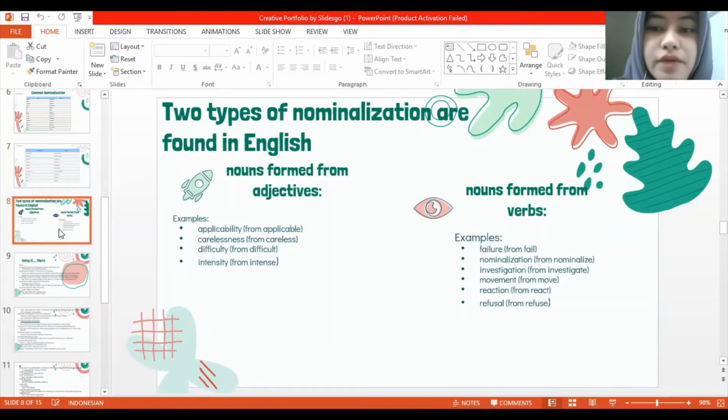Second, nouns from verbs. Examples: failure from fail, nominalization from nominalize, investigation from investigate, movement from move, reaction from react, and refusal from refuse.